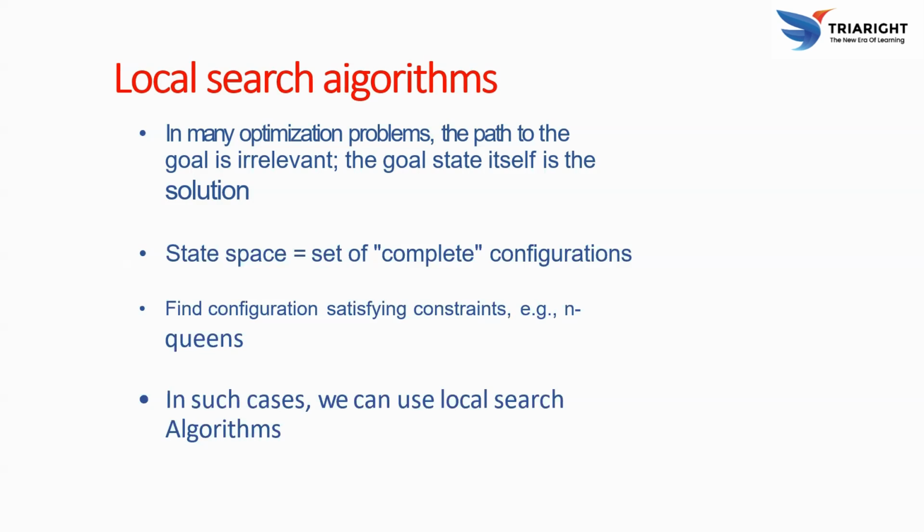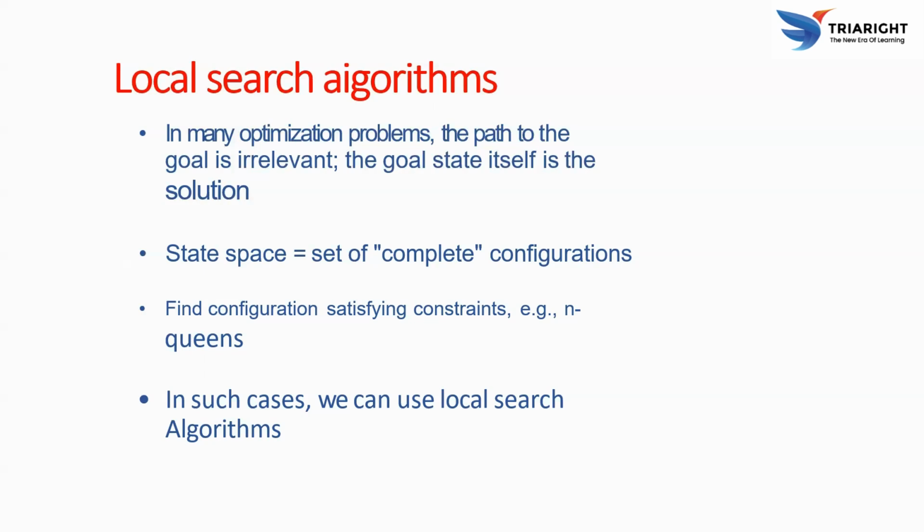The state space refers to all possible arrangements or assignments of the variables that could potentially be a solution, and a complete configuration means that all variables have been assigned a value even if the configuration does not satisfy all the constraints.